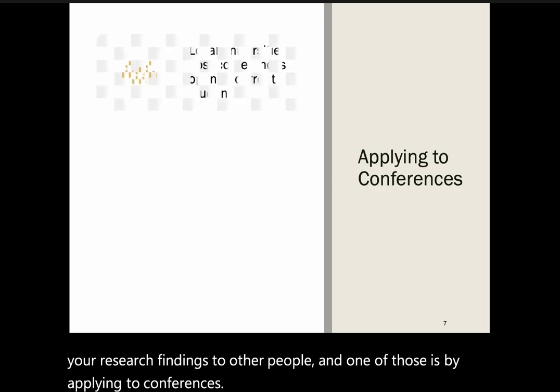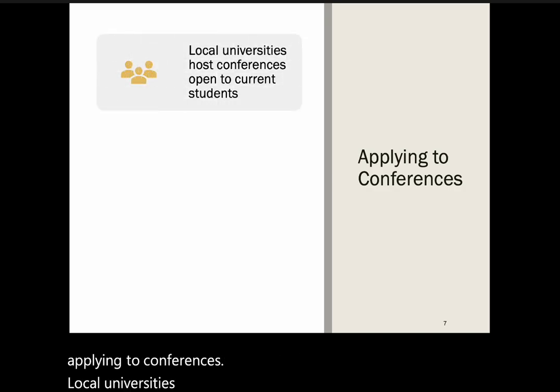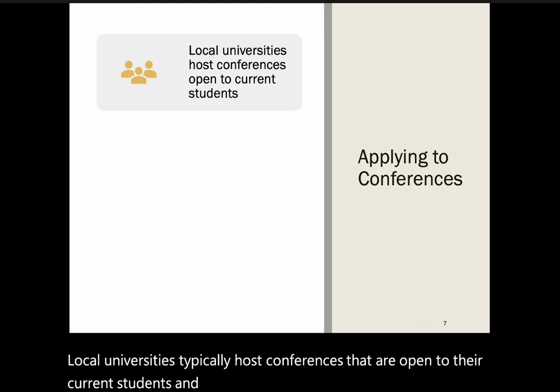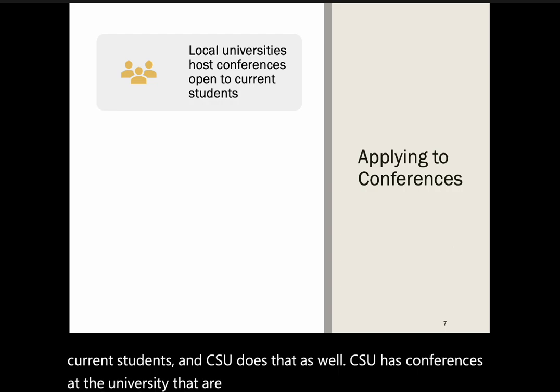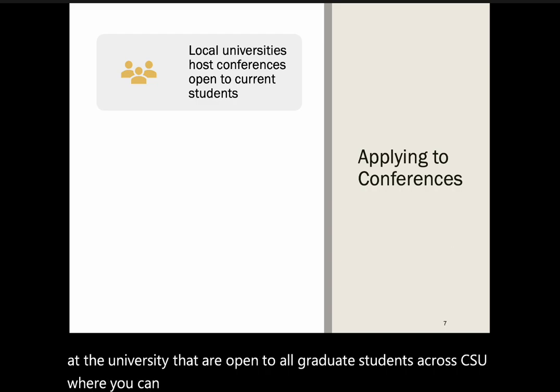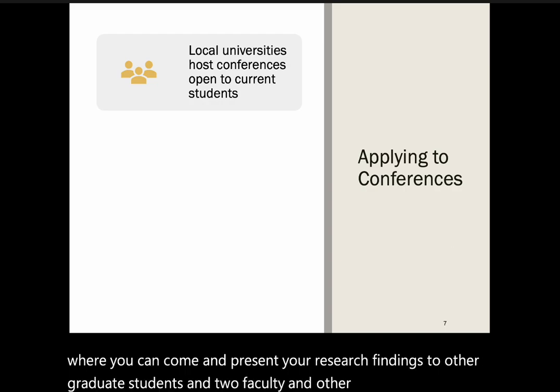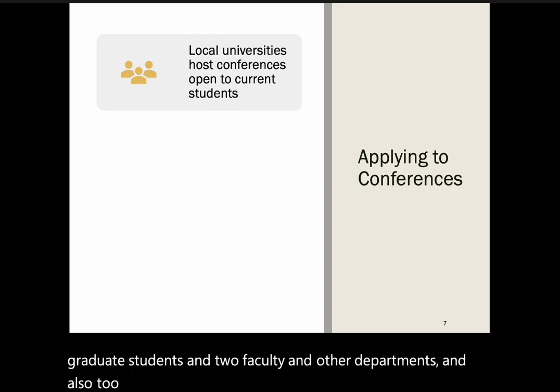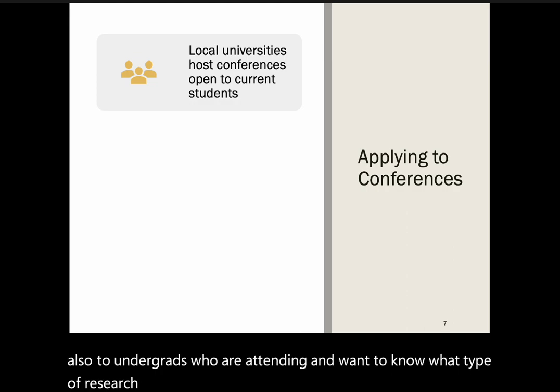Local universities typically host conferences that are open to their current students, and CSU does that as well. CSU has conferences at the university that are open to all graduate students across CSU, where you can come and present your research findings to other graduate students and to faculty in other departments, and also to undergrads who are attending and want to know what type of research graduate students are doing.